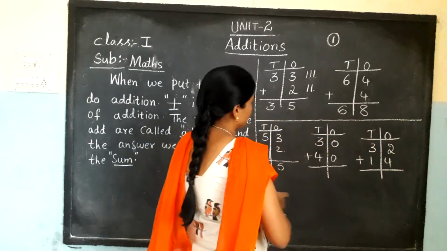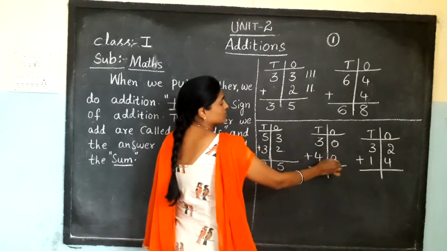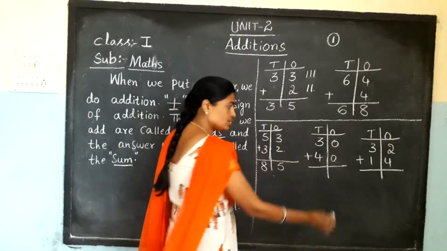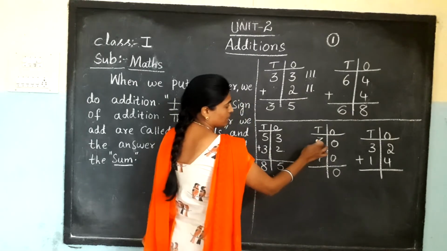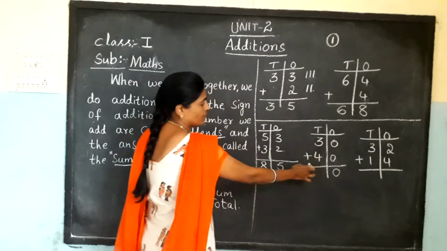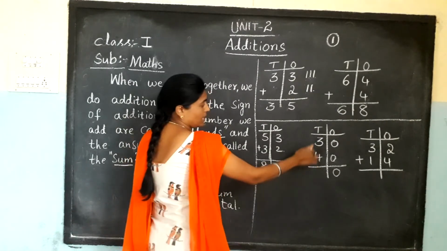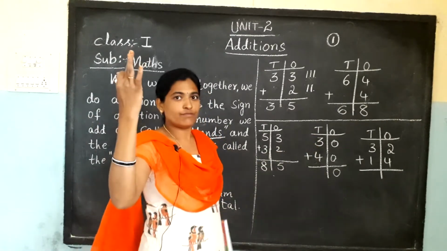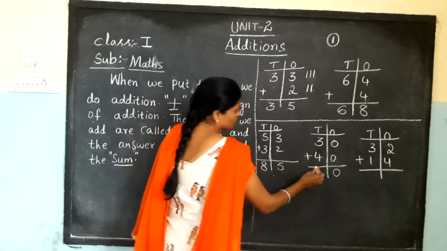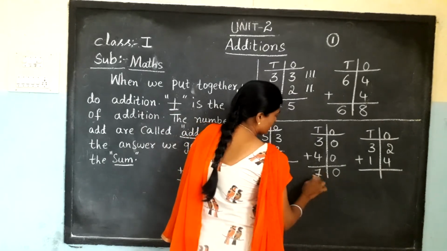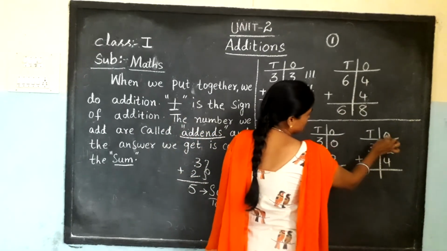Now see here, in the ones column 2 zeros are there. If you remove the zero, what will come? 0 only will come in the ones column. In the tens column, which number is bigger in these two numbers? Yes, 4 is the bigger number. What do you have to do? 4 in the mind, again 3 in your fingers. 4 after, 5, 6, 7. Total, what answer did it become? 70.